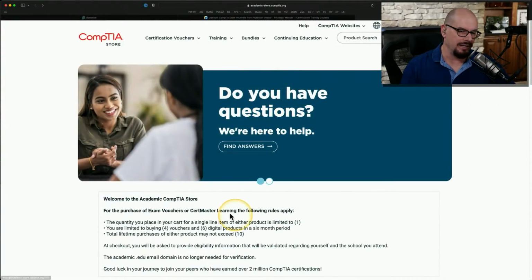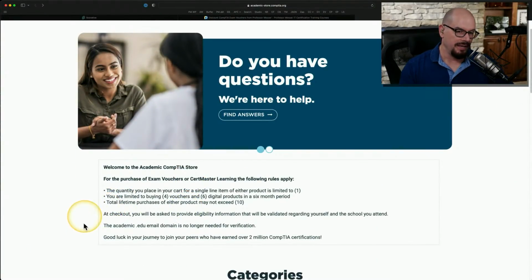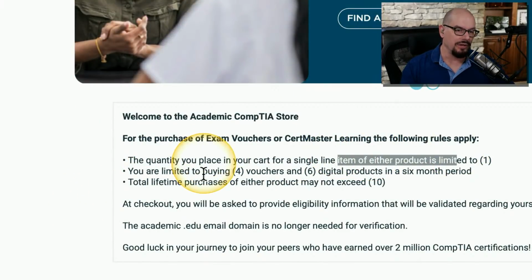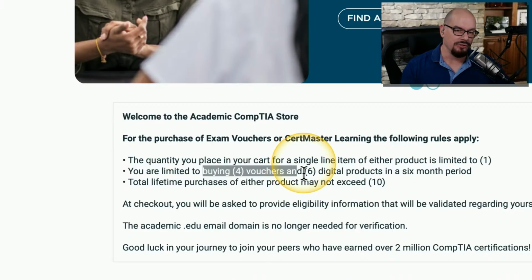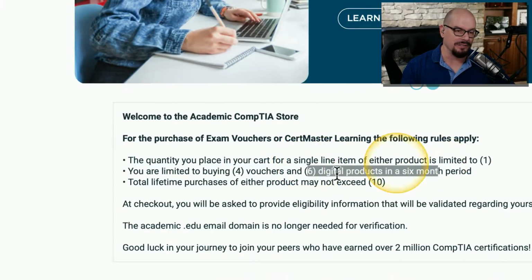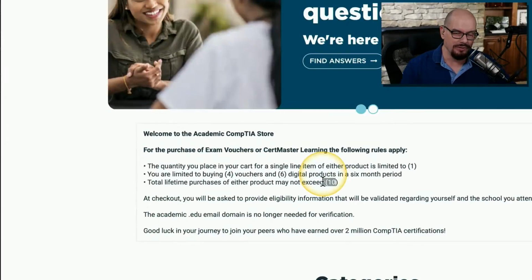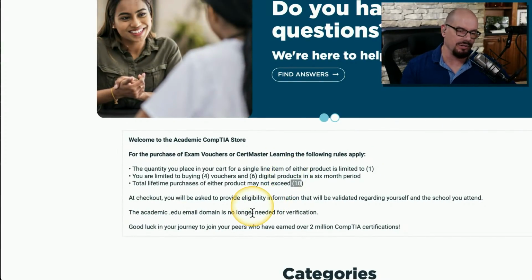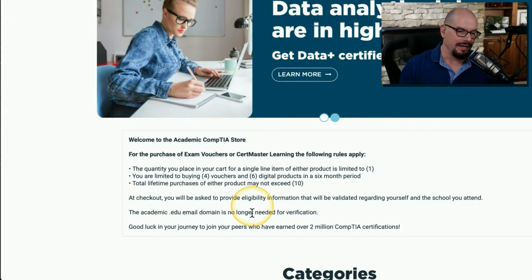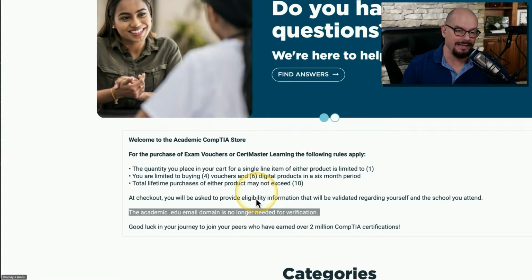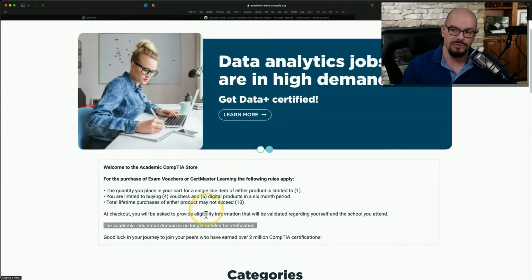Let's see the eligibility. You can only place a single product. You can only buy 4 vouchers and 6 digital products in a 6-month period. Your total lifetime purchases is 10. So they're a little bit restrictive because these are discounted so heavily. It says it doesn't matter if you have an EDU email, they're going to validate it in a different way when you purchase.